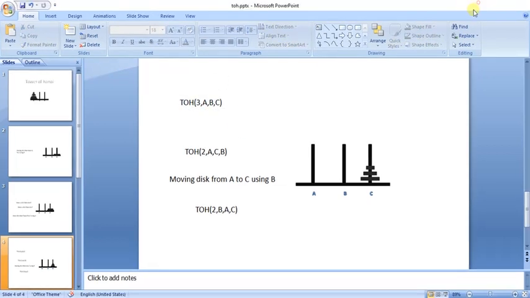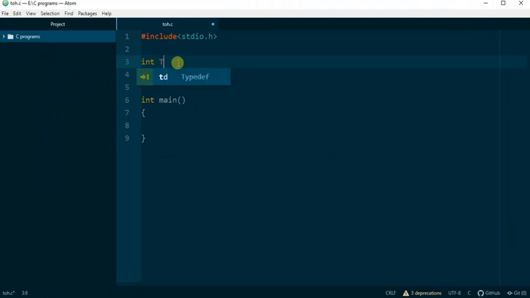First let's name the function TowerOfHanoi, and the first thing we pass here is int, the number of disks. Next is int a, taking tower A as 1, B as 2, and C as 3.